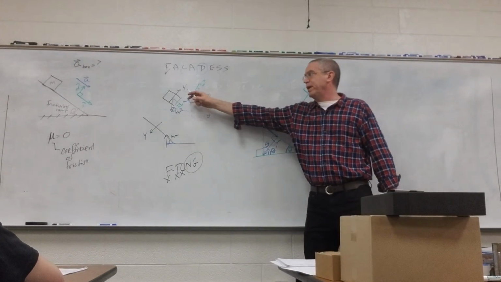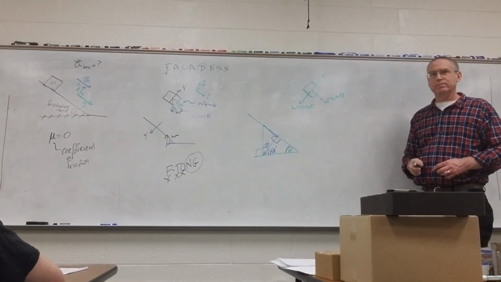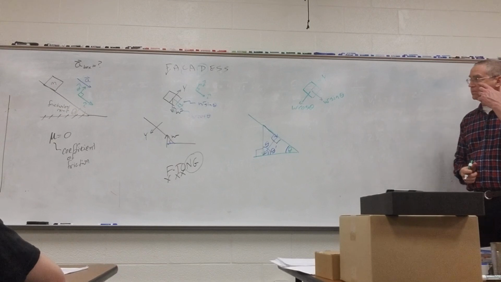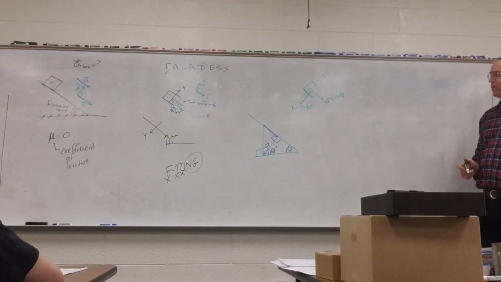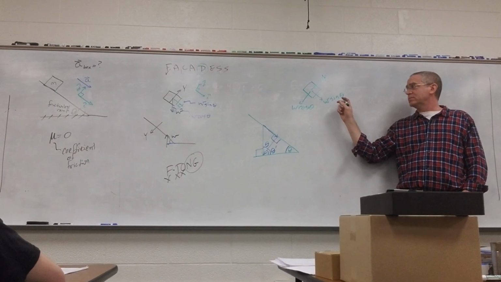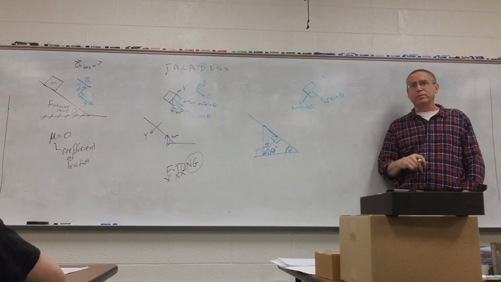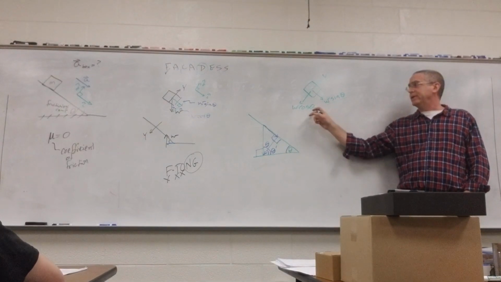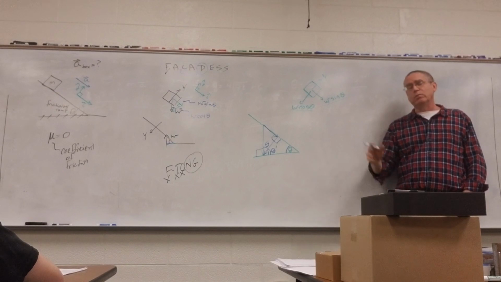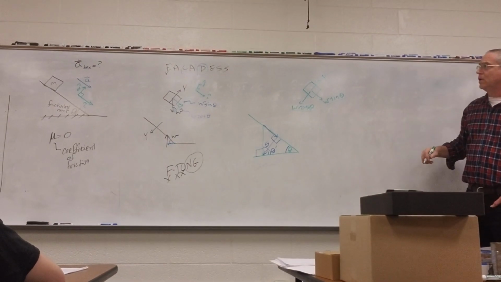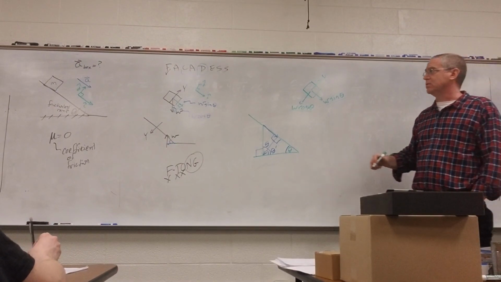My force diagram with the black arrows there is the equivalent of this. And on the lab on Thursday, this is the theoretical force down the ramp, and that's the theoretical normal force. Oh, we'll get to that in a second. So decomposition, done.